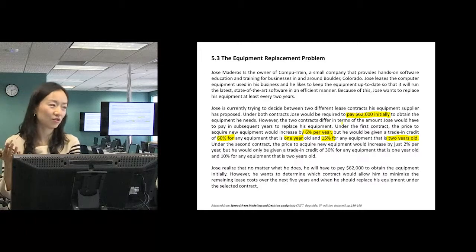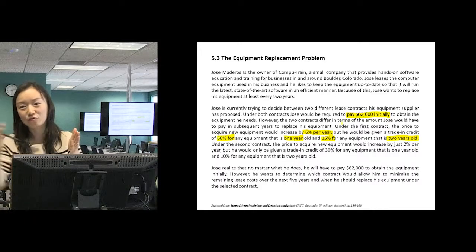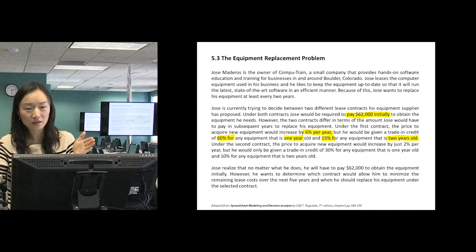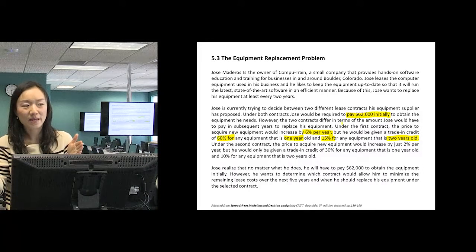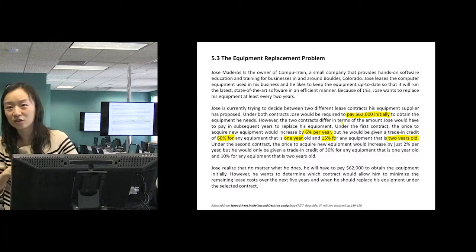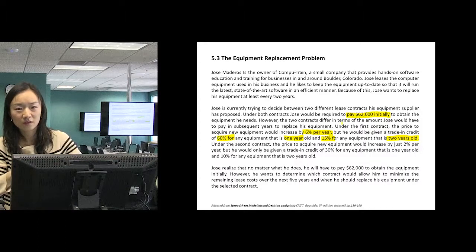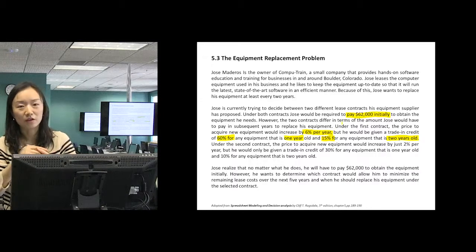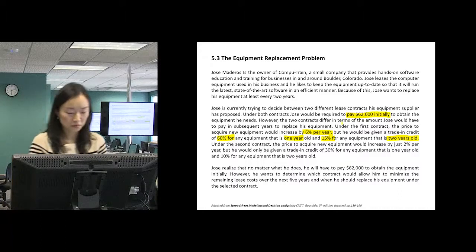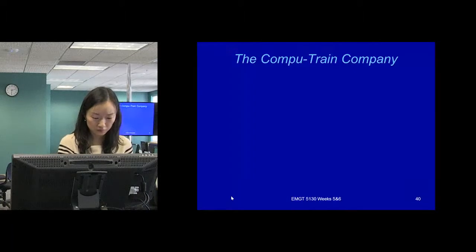So just to carry from the beginning to the end of the 5 years, there are so many different ways to go, right? So what does that mean? What's his first decision? Before he can decide which contract to use, he needs to figure out what the best way to go is under each contract.